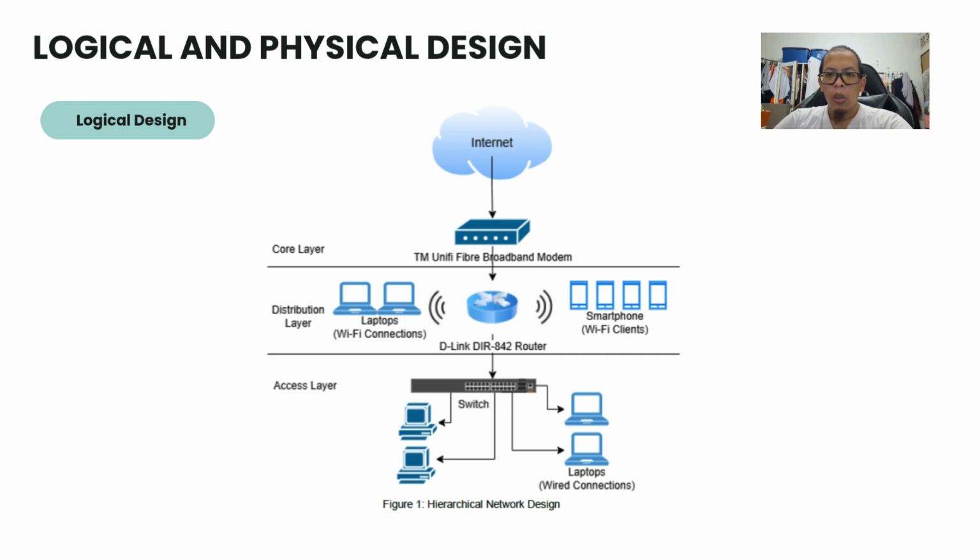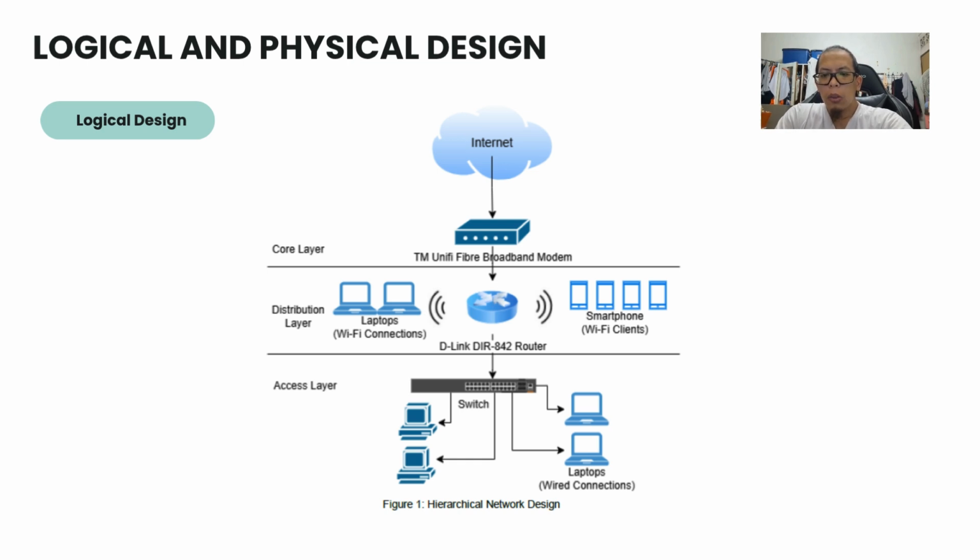Now we move to the logical design topic. You can see here a figure of the logical design. I will explain a bit more. There is an ISP. It connects to the TM Unifi Fiber Broadband modem. This is in the core layer.